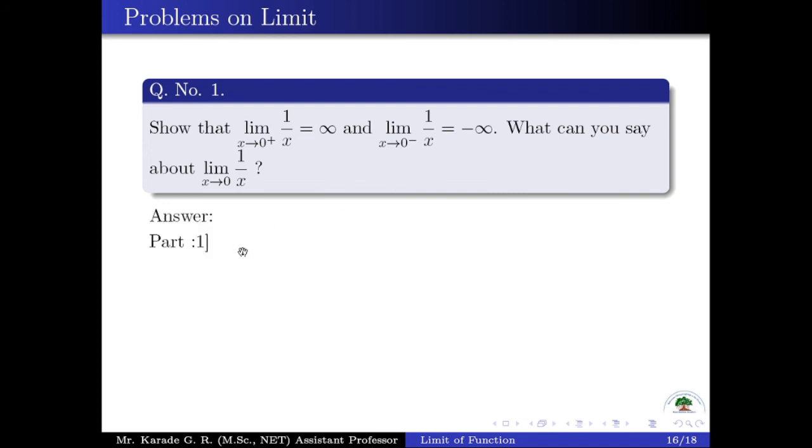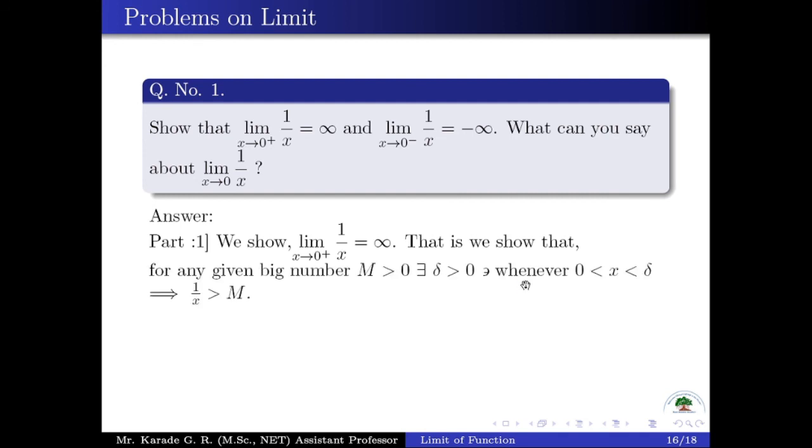Answer. In part 1 we show that the limit of 1 upon x as x tends to 0 plus is equal to infinity. That is, we show that this is the right hand limit of function 1 upon x.